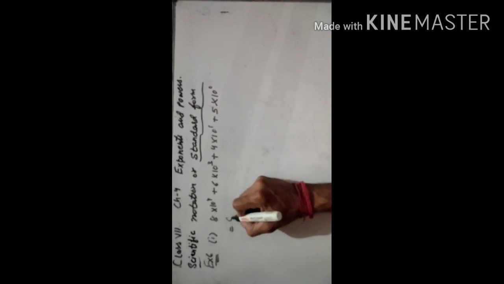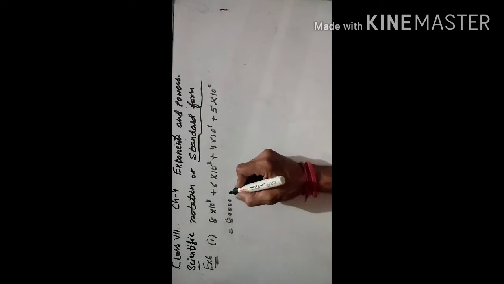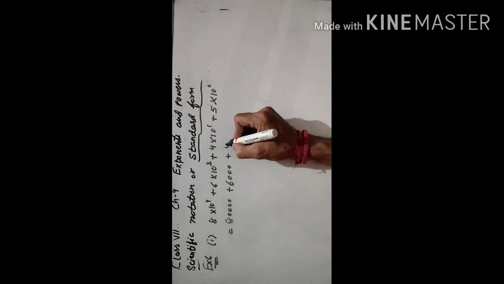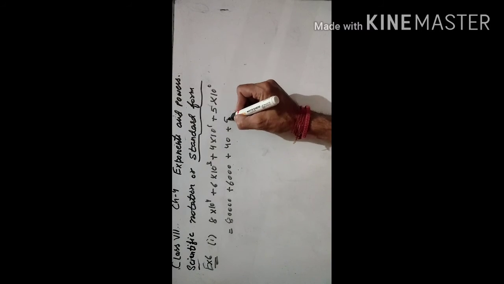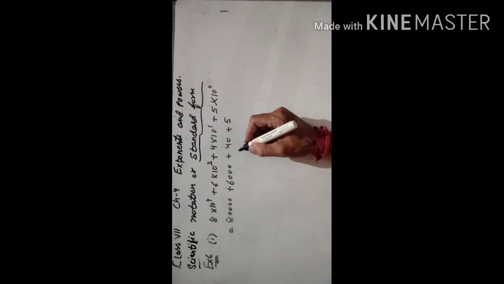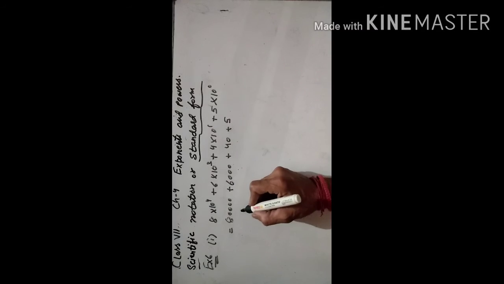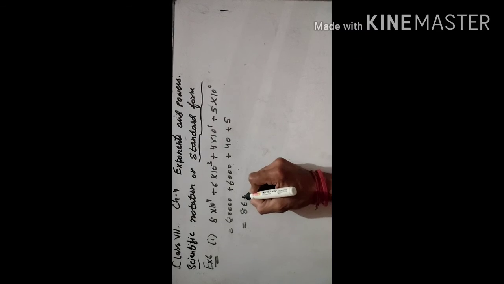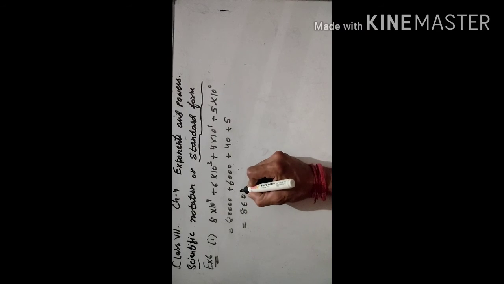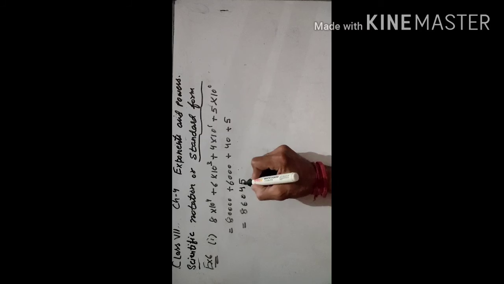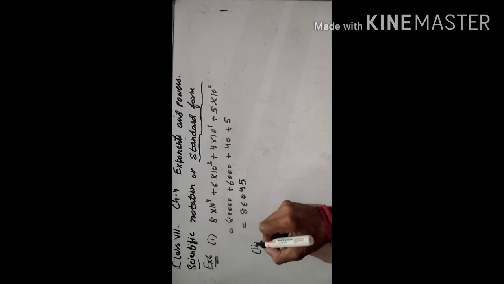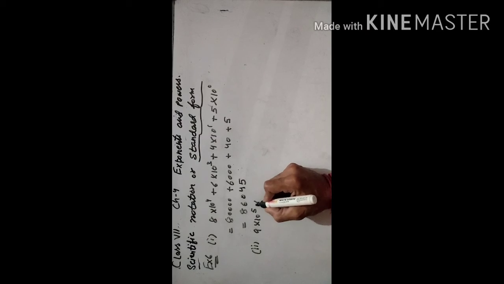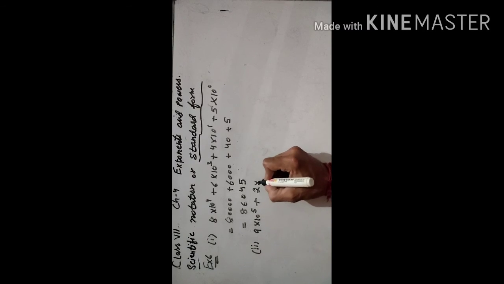That is equal to 80,000 plus 6,000 plus 40 plus 5 into 1. Now it becomes 86,045.